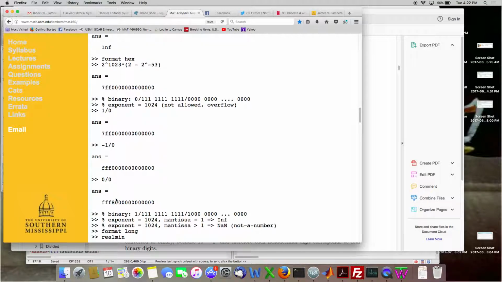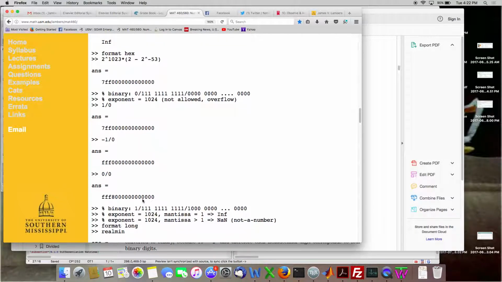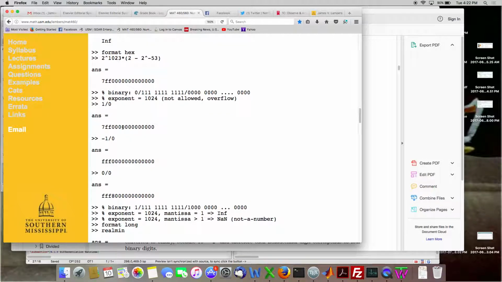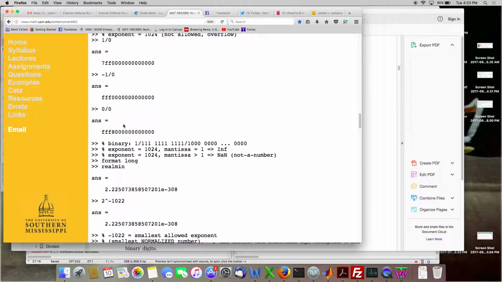Well, this 8 here means a leading digit of 1. So you can see, if you look at this part and set aside the first bit, because that's a sign bit, what exponent is represented in these cases?